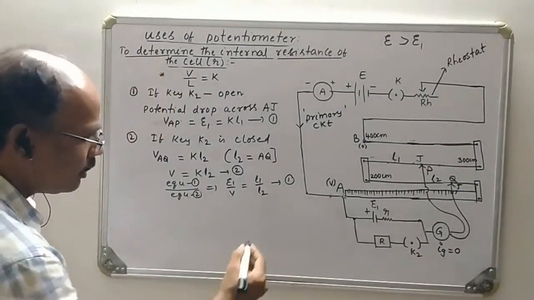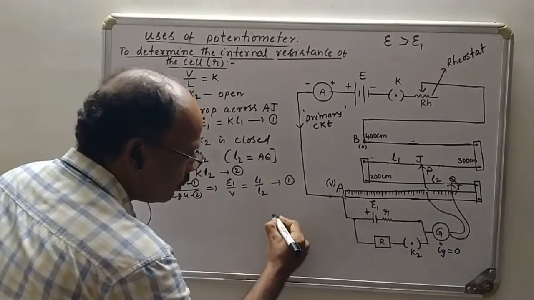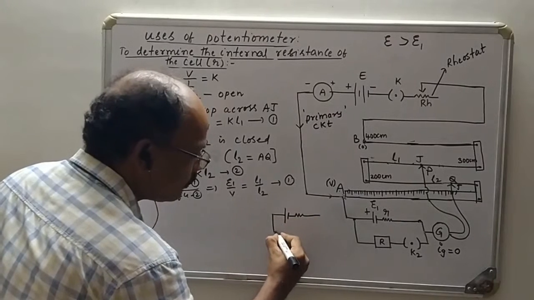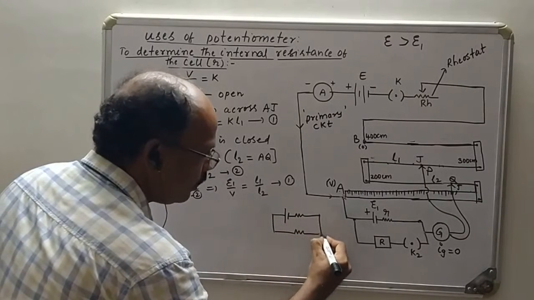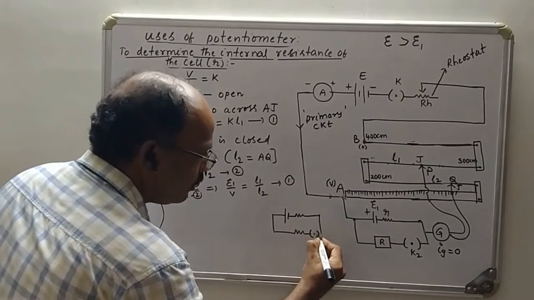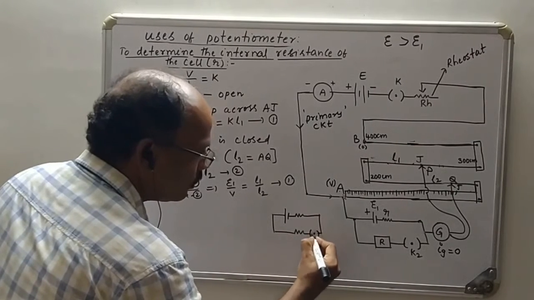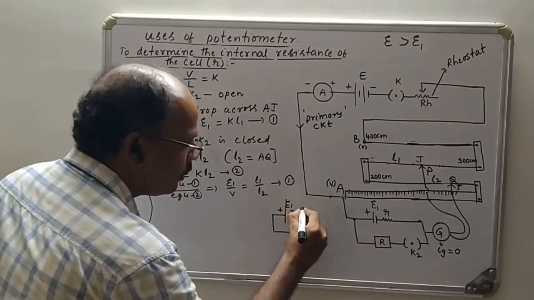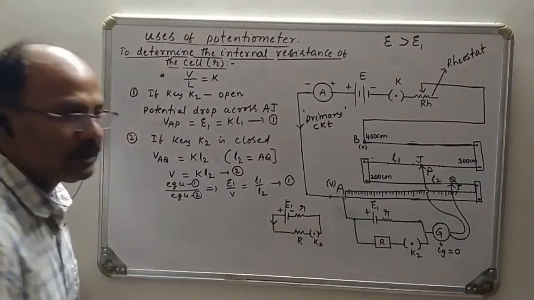Then we can consider the secondary circuit. This is E1. This is r. This is the external resistance R. Here the key K2 is closed. Current is passing like this.